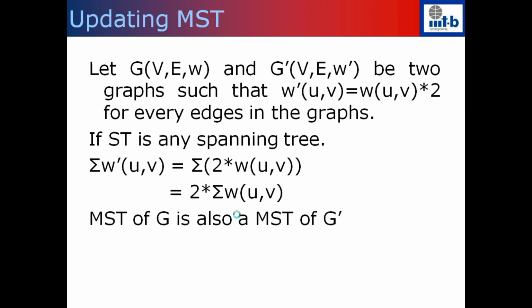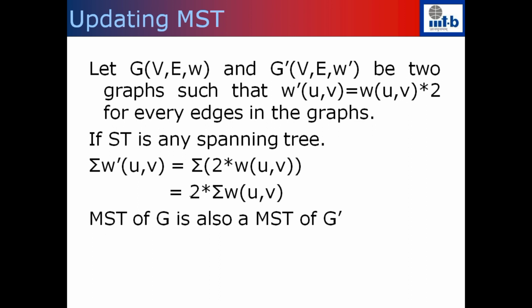But in the second proof here, when you multiply by a factor, it doesn't matter. So the 2 comes out irrespective of the number of edges in the summation. So it's easy to see that this theorem is also true for shortest paths.